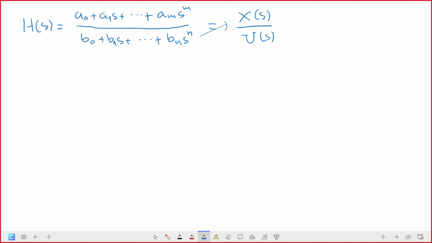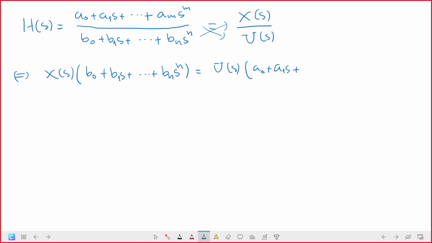Then you can rewrite this as H(s) times (b0 plus b1 s plus dot dot dot plus bn s to the n) equal to U(s) times (a0 plus a1 s plus dot dot dot plus am s to the m).